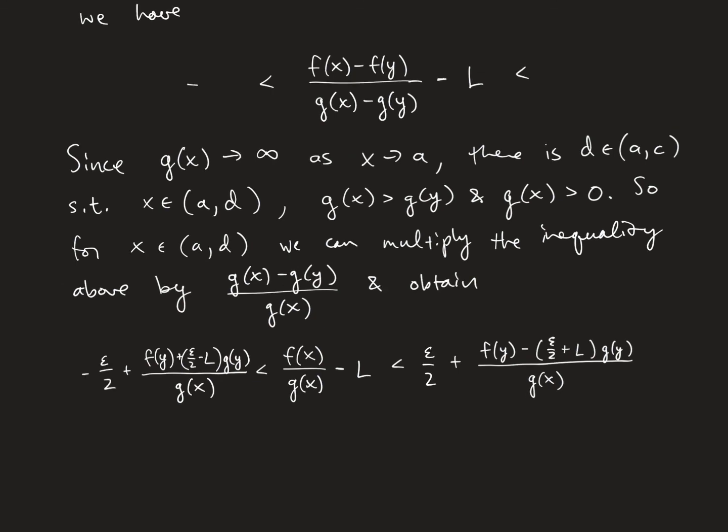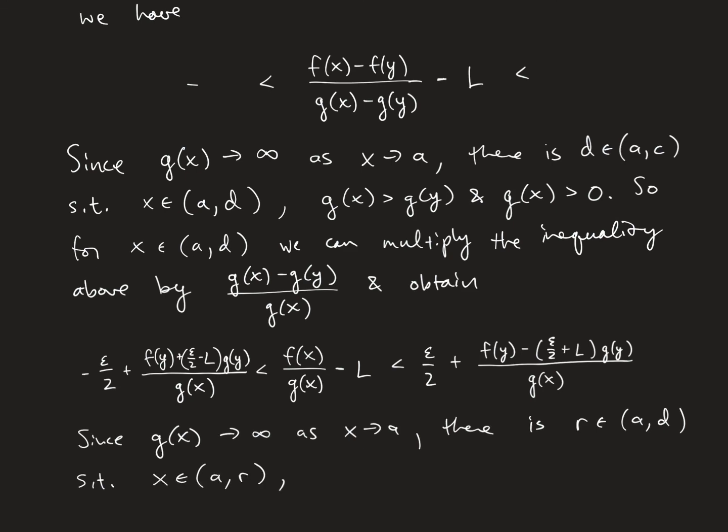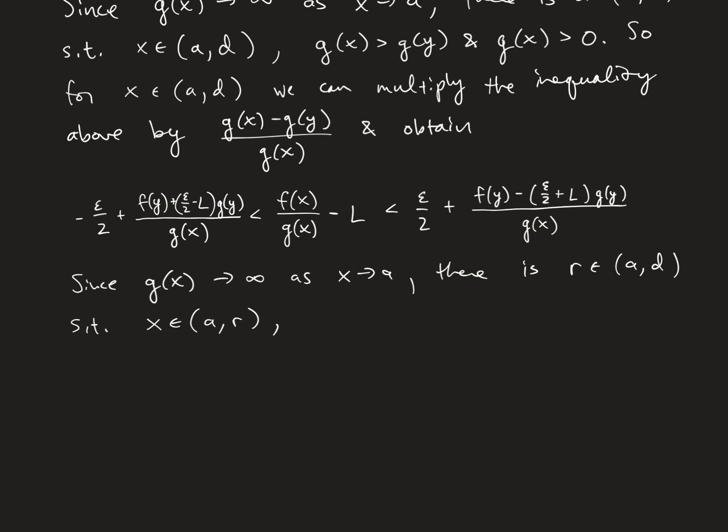So I've gone and changed all the epsilon primes to epsilon over 2, and now we just have to note, since g of x goes to infinity as x approaches a, there is an r in AD such that when x is in that interval, the quantity f of y, looking at this quantity here, negative epsilon over 2 is bigger than f of y plus epsilon over 2 minus L g of y over g of x.